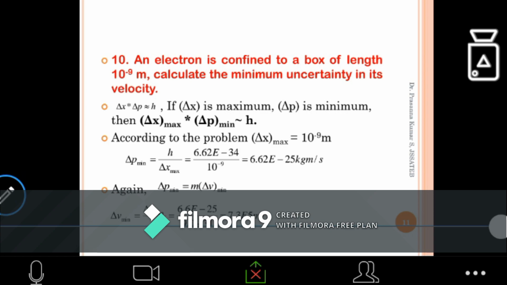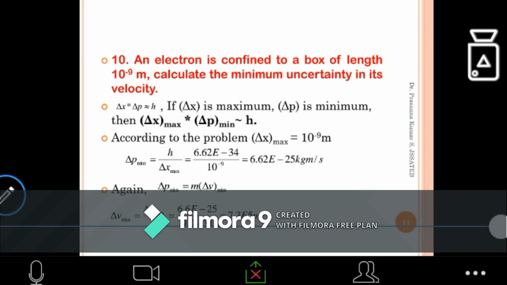Now, according to the data available, delta x maximum, that is the length of the box within which the electron can remain, is a nanometer, so 10 to the minus 9.